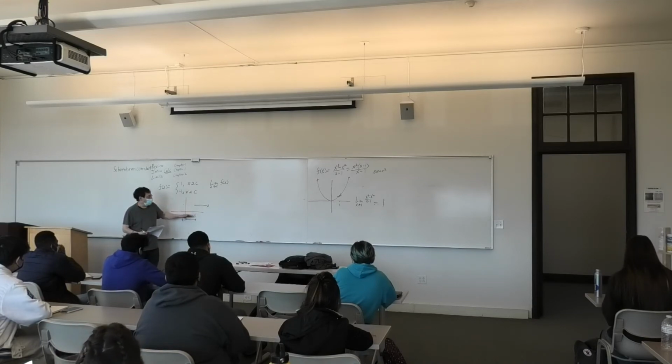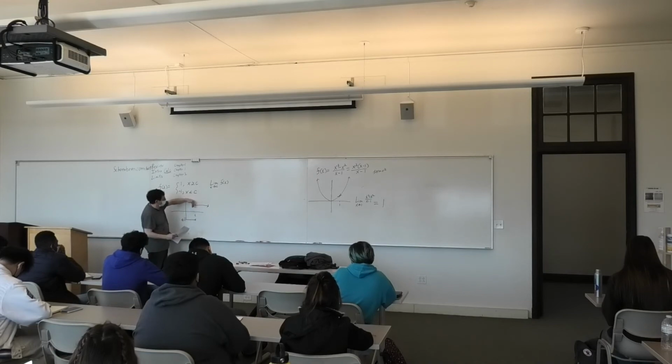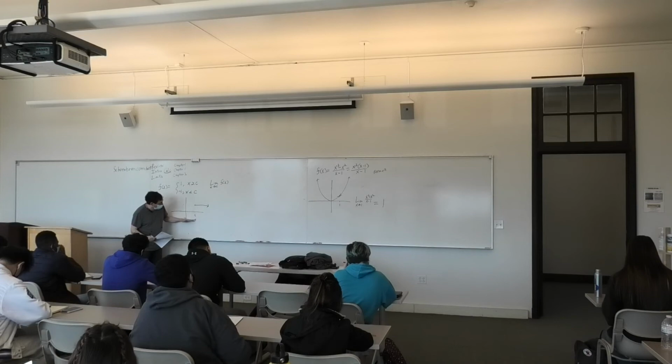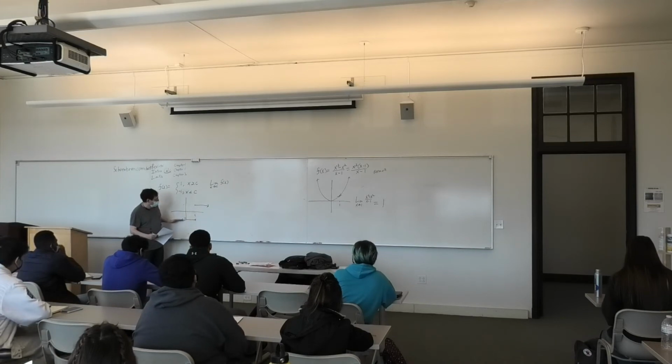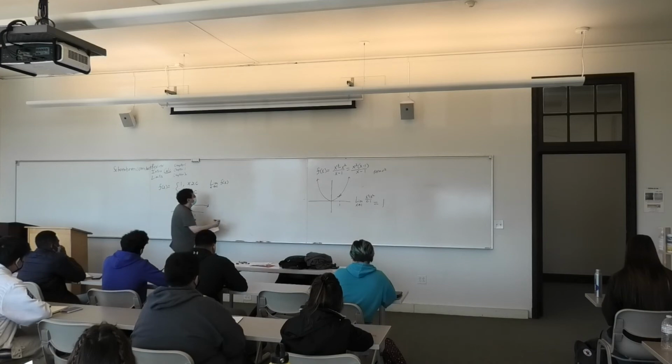So what's going on here? Well, as we get close to c from this direction, we get close to 1. As we get close from the negative direction, we get negative 1. So this does not have a limit.